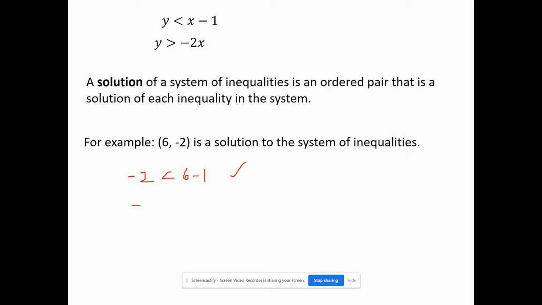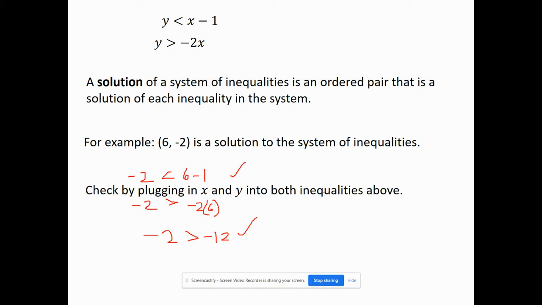And then we could plug it into the second one. -2 is greater than -2x. So x is 6, so I'm going to multiply. -2 times 6 is -12. And yes, -2 is greater than -12. So it has to satisfy both of these. You could check it algebraically as well as graphically.